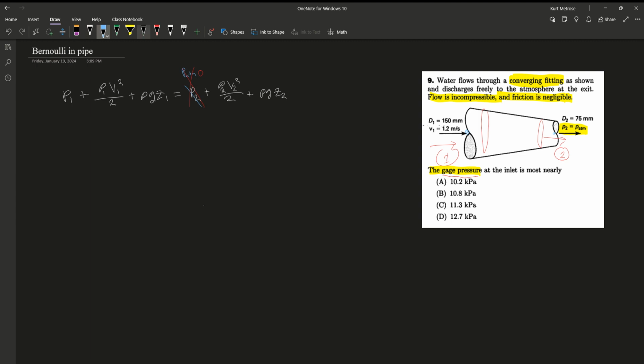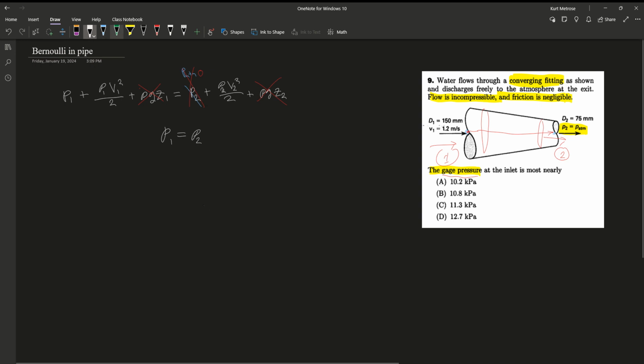Another quick thing here is that this water particle, well, we call it a water parcel, is really just traveling from here to here on that streamline, meaning Z1 is equal to Z2, so then we can cancel out these terms as well. Another quick thing is that rho 1 is equal to rho 2. There's no reason for the fluid's density to be changing.